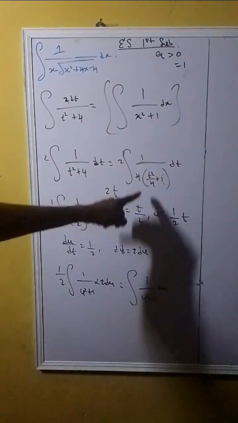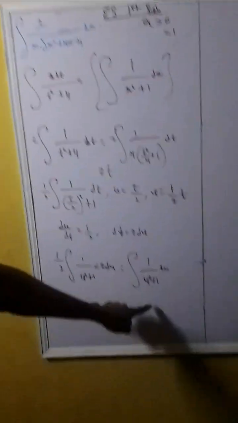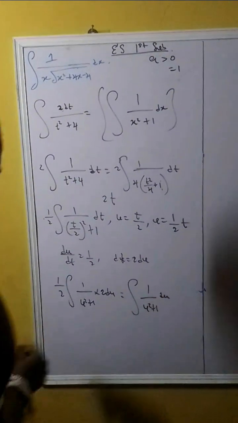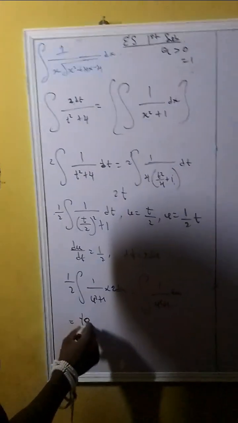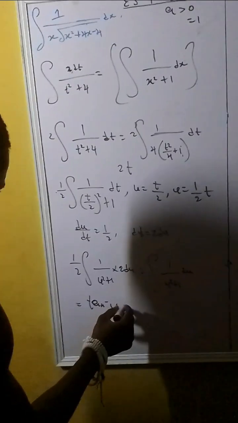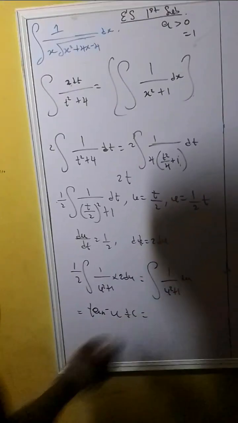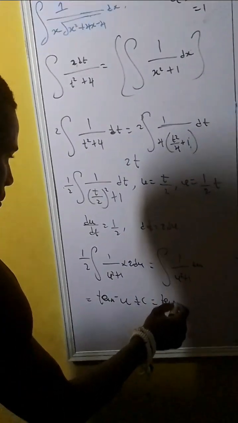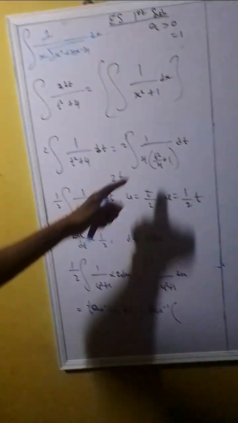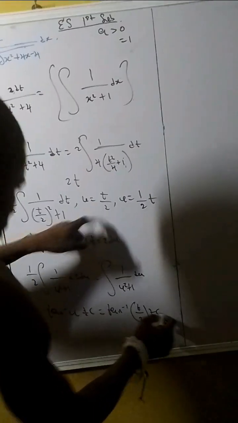And what did I tell you guys? Integrating that, like I said, is now the same thing as this. That will just be equal to tan inverse of u, and let me put the c also with it. And tan inverse of u is what, guys? That's t over 2. That will be tan inverse of t over 2 plus c.